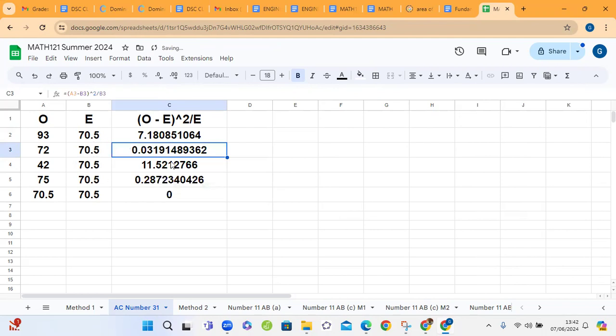And here, these are our chi-square contributions, 4 of them.